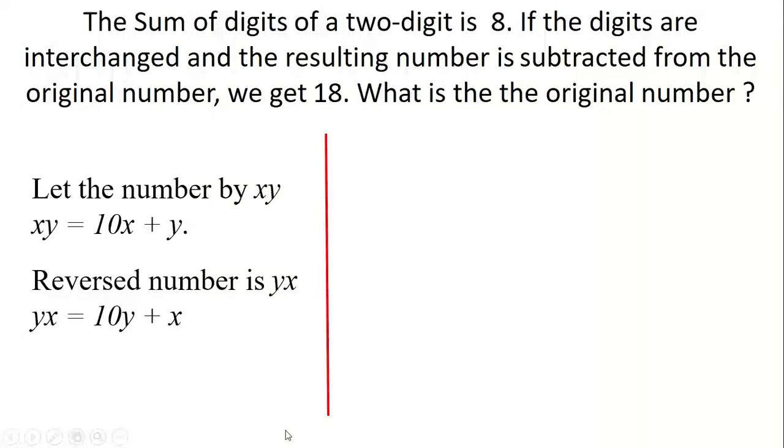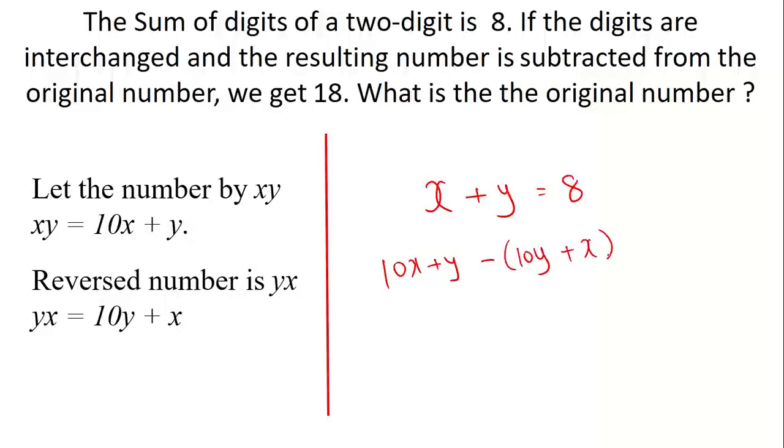The first condition given is the sum of digits of a 2-digit number is 8, which means that x plus y is 8. If the digits are interchanged, the original number is xy and the reverse number is yx, and the resulting number is subtracted from the original number. So 10x plus y minus (10y plus x) is given as 18.